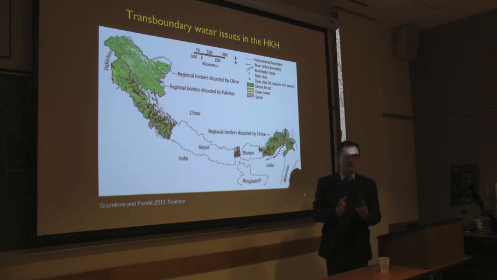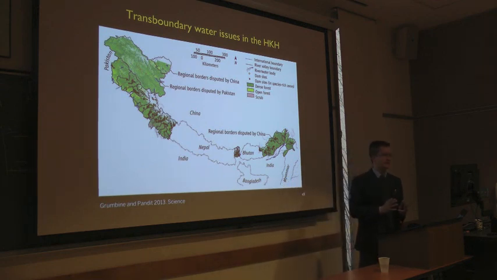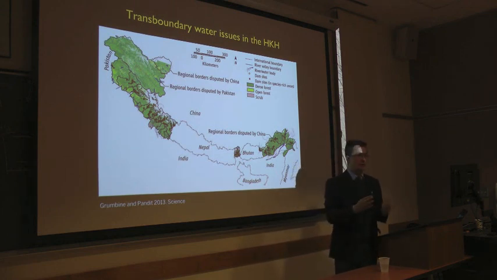And with hydropower and dams, again, we cannot neglect the transboundary water issues in the Himalayas. This picture here from this Science paper shows a lot of the proposed dam sites along the Himalayan region. Again, there are a lot of these proposed dams, and a lot of inter-basin water diversion projects that are being thought about.